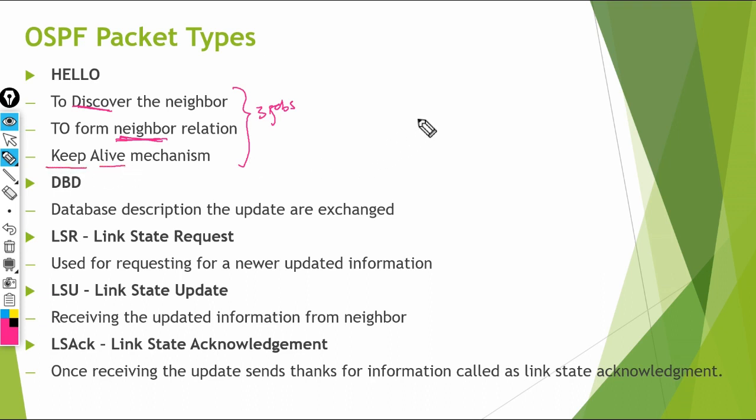Make sure in OSPF you will find 2 different types of neighbor. You can have just an adjacent neighbor, and second you can have a fully adjacent neighbor. Adjacent means some of the neighbors are just neighbors, and no routing update will be exchanged here.